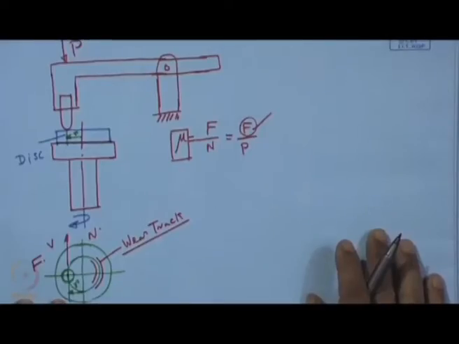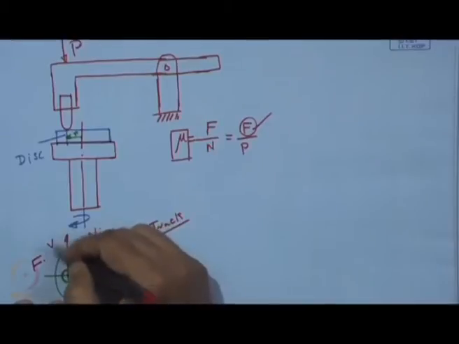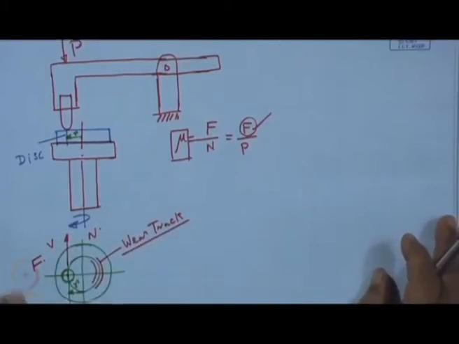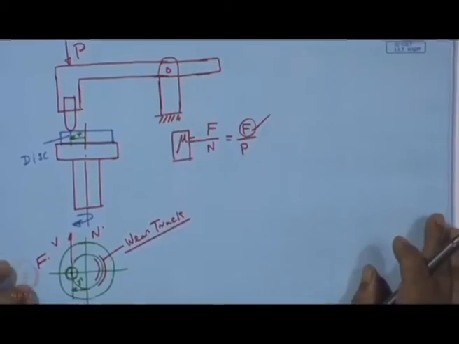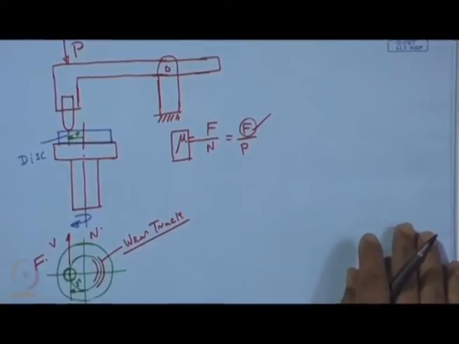This sensor will be put here, in the direction as the force is acting, and the force will be recorded in the direction of velocity. That is exactly the job of this tribometer, continuously monitoring and recording the force of friction.